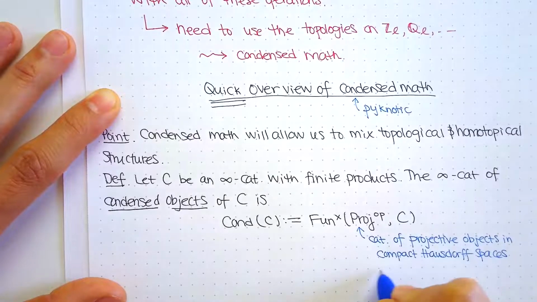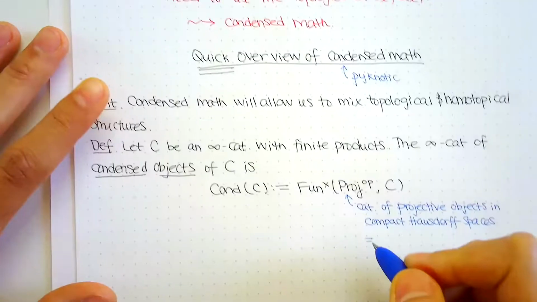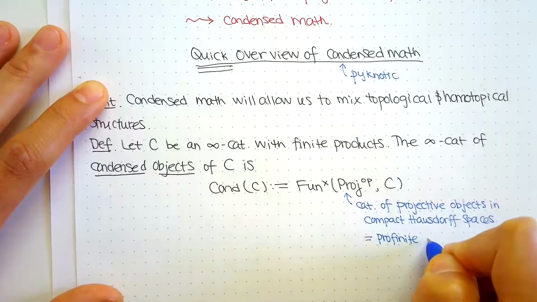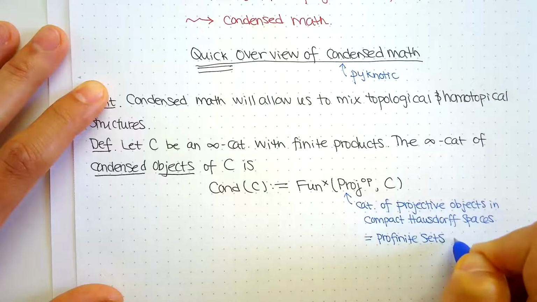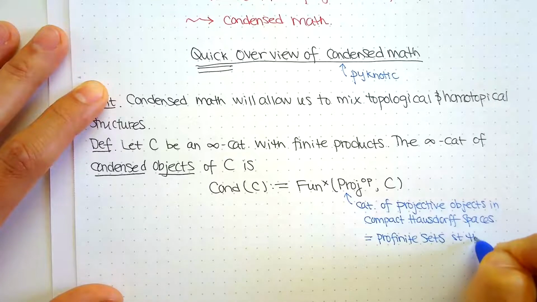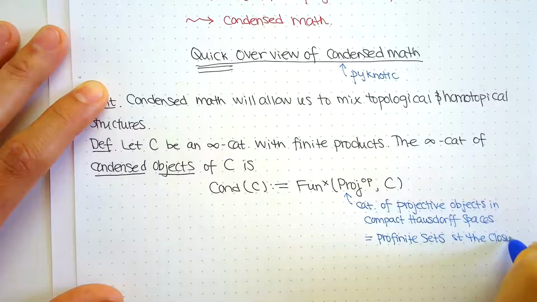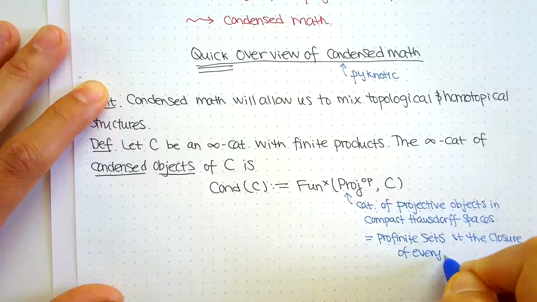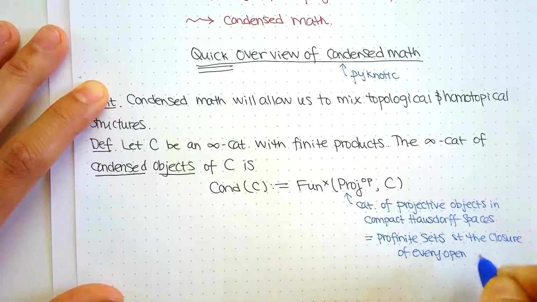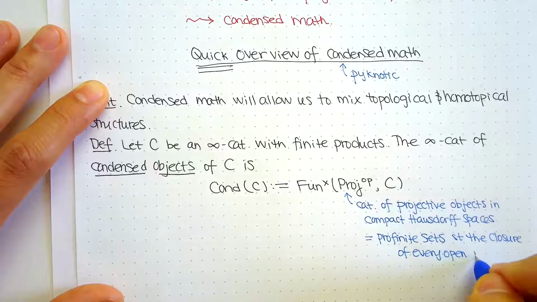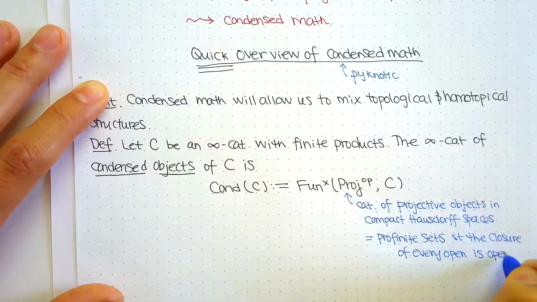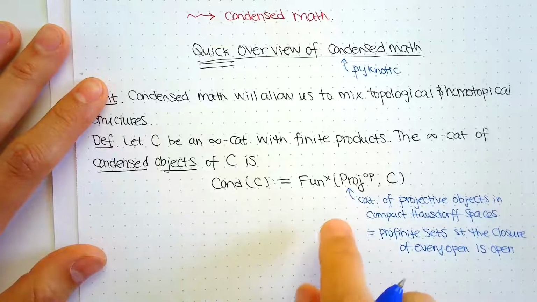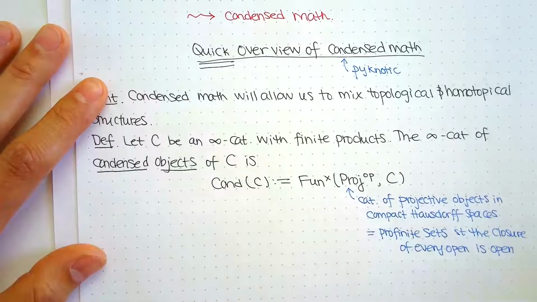These guys are also known as profinite sets, such that the closure of every open set is still open, which is kind of a weird property. But okay, this has something to do with topology.